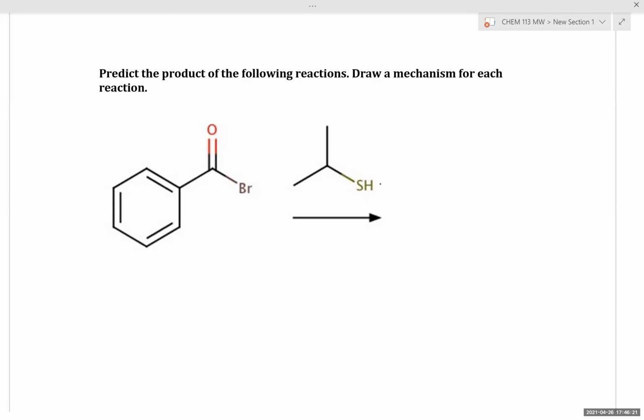What's a more nucleophilic version of this thiol? Should we go with the neutral form or the anionic form for a carbonyl substitution? We'd ideally want to use the anionic form.